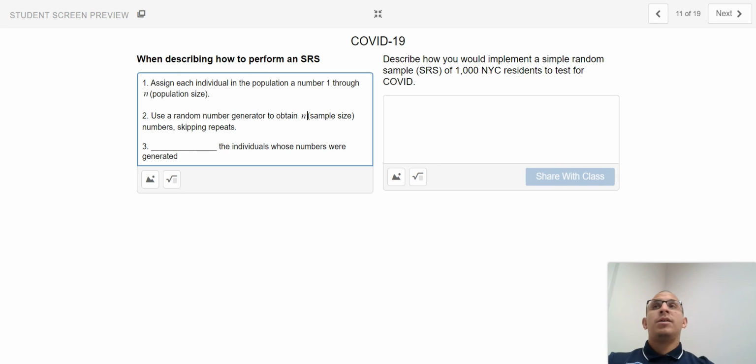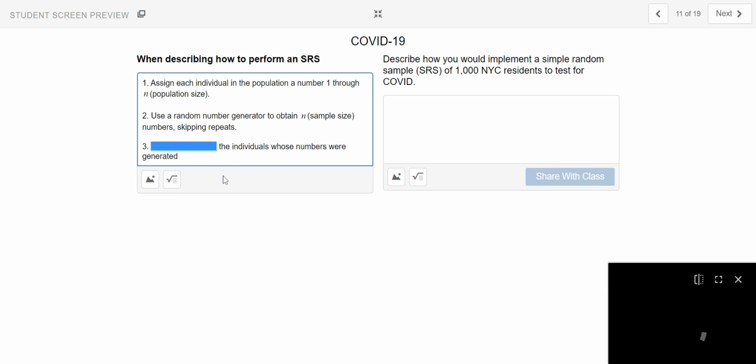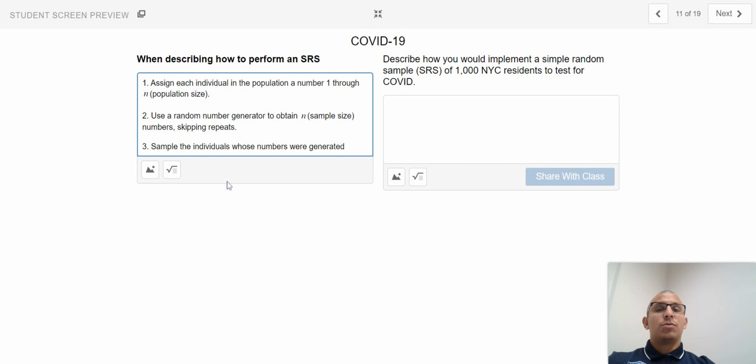So if we obtain the number 3 and then 3 appears 7 iterations later, we would not write 3 again. They're already in the sample, okay? So let's say we had 10,000 and we only wanted 1,000, right? We would use the random number generator 1,000 times, and whatever numbers we acquired would make up our sample. And to conclude, we would then sample the individuals whose numbers were generated.